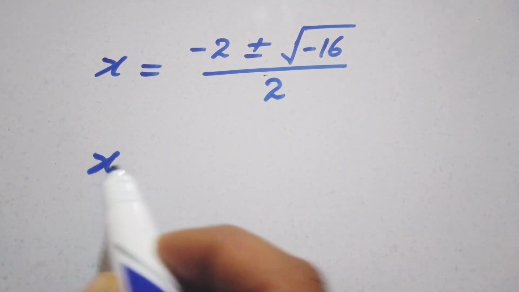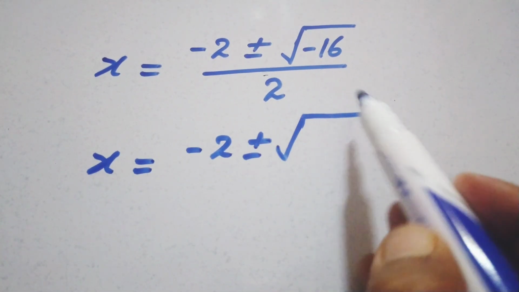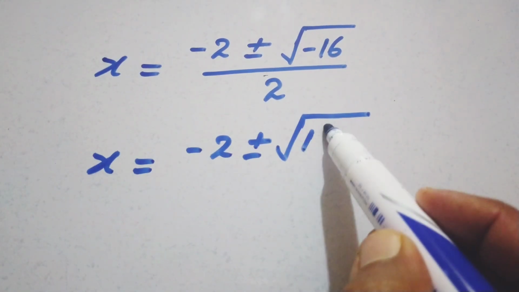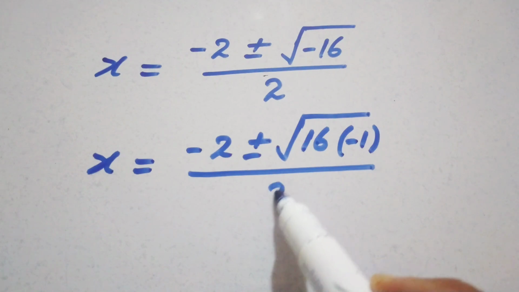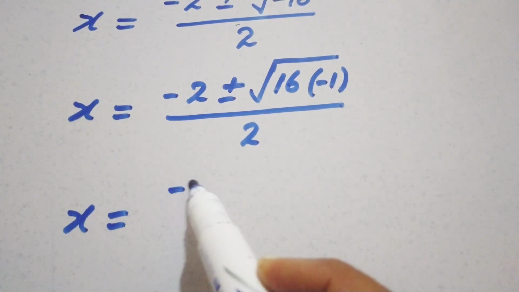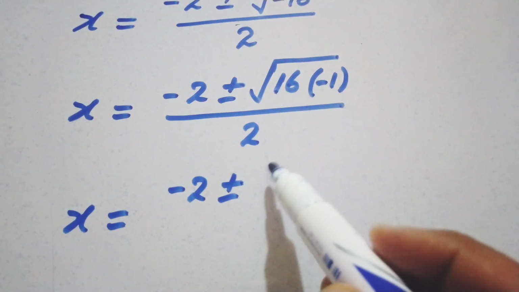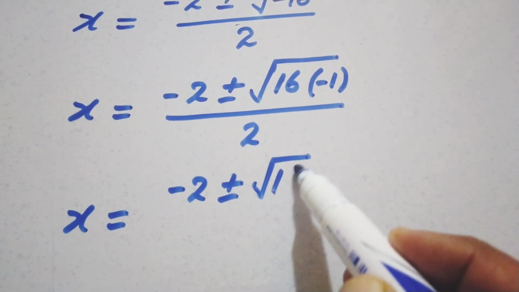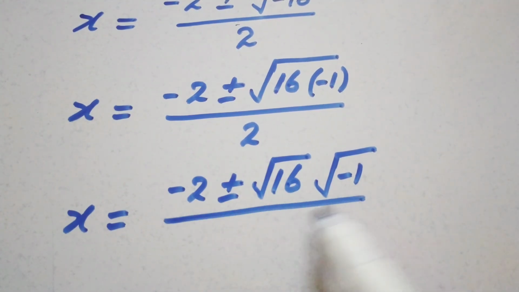Now x is equal to minus 2 plus minus square root of 4 minus 20, which is minus 16, divided by 2. We can write this as 16 multiplied by minus 1, so x is equal to minus 2 plus minus square root of 16 and square root of minus 1, divided by 2.